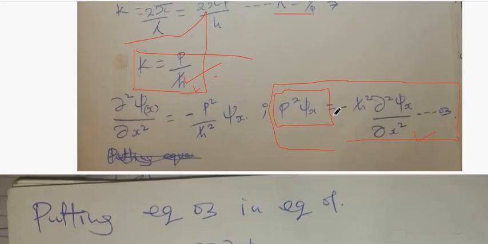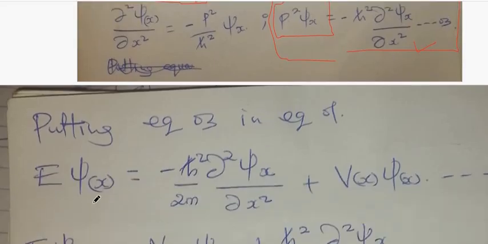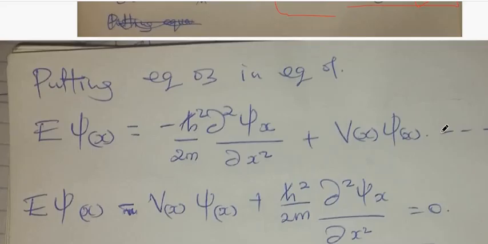Then continuing, putting equation 3 in equation 1, we have total energy, that's E psi of x, is equal to negative h bar squared all over 2m delta squared psi of x all over delta x squared plus V of x psi of x, as equation 4.